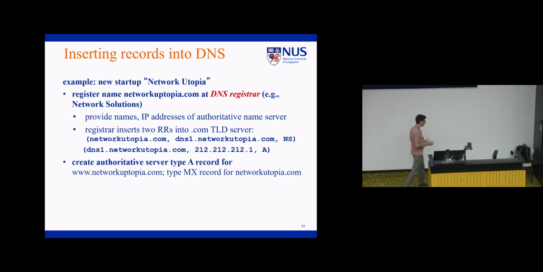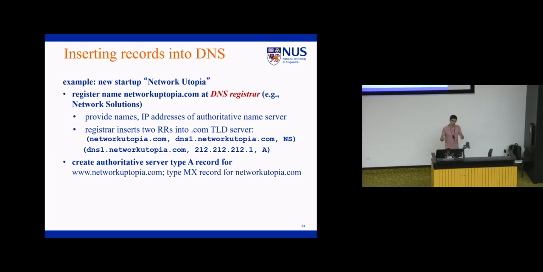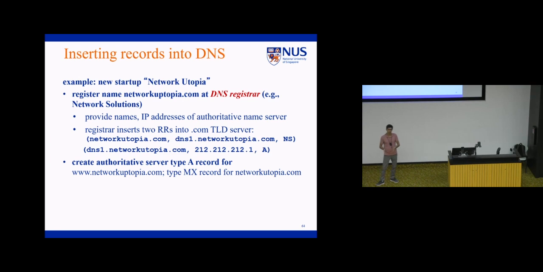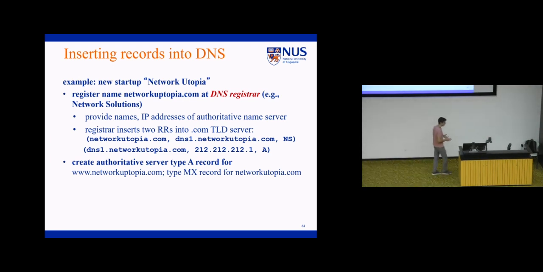When you set up a new name, you need to set up an authoritative name server, and you inform a TLD server to point to your authoritative name server for resolving your IP address. So you ask the TLD server to insert these two records into the TLD server.